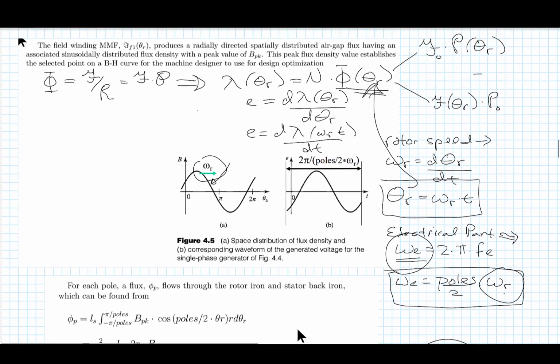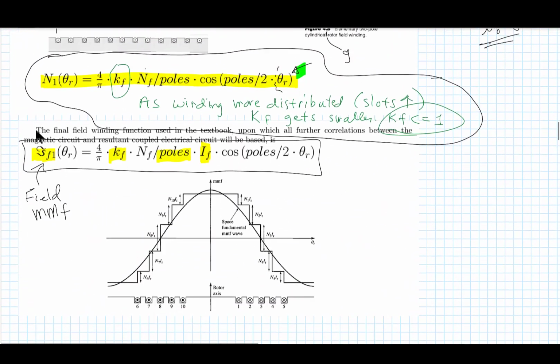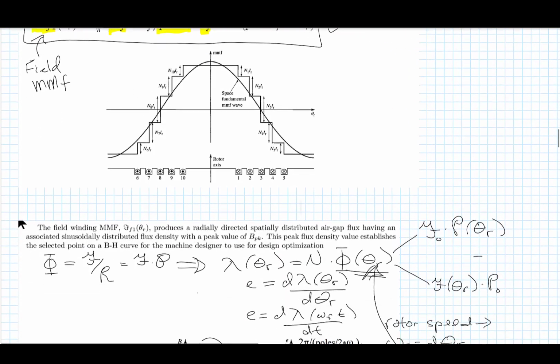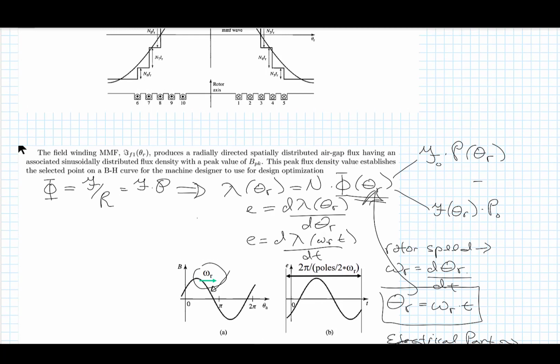So I'm going to put all this together, and I'm going to put the MMF that we were able to derive here together with the permeance, and we come up with a function for the flux density, just considering the fundamental component with respect to theta r, and that is equal to the peak flux density.